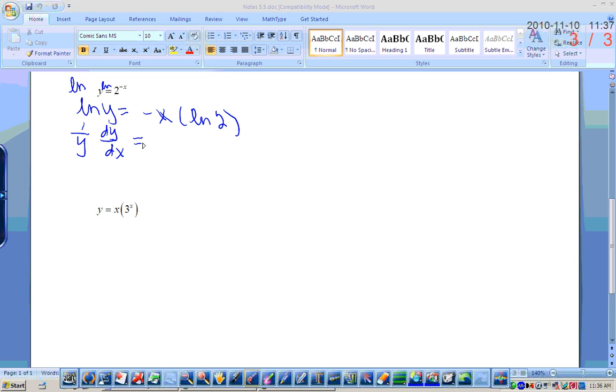And if you have a constant times x, what's the derivative of that? The constant, yeah. So the derivative is just negative natural log of 2, because we could write this as negative natural log of 2 times x. Negative natural log of 2 is just a constant. It's like 5. So the derivative of 5x is just 5.